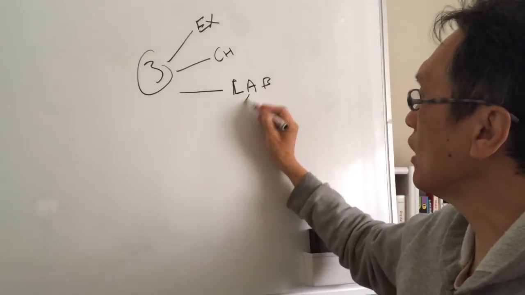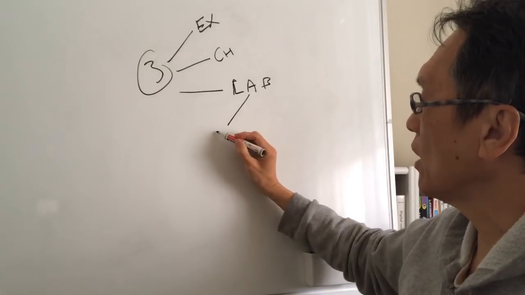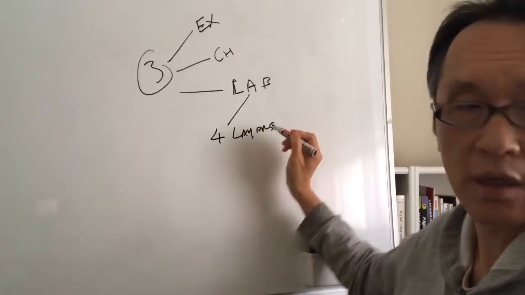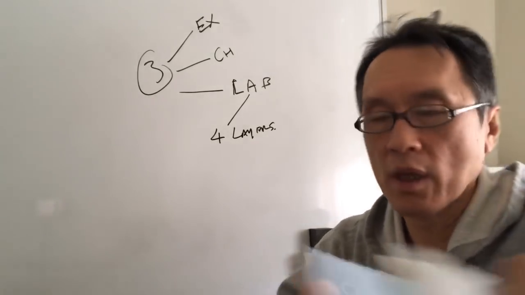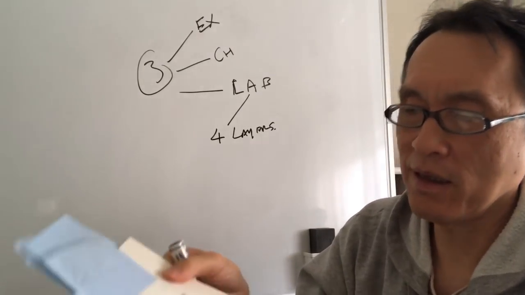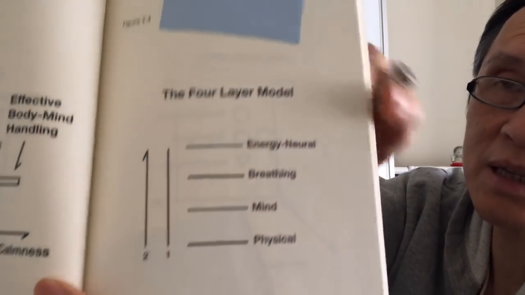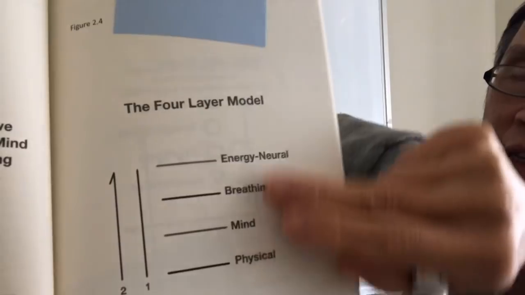So over here you have the 4-layer elements, because it is not just breathing or just contracting your stomach and that kind of stuff. All of this is one piece.